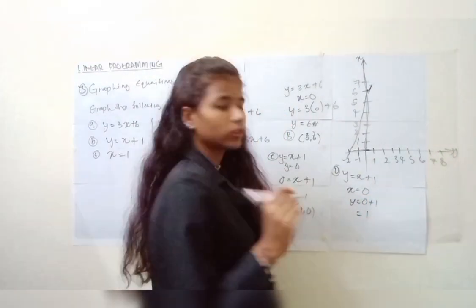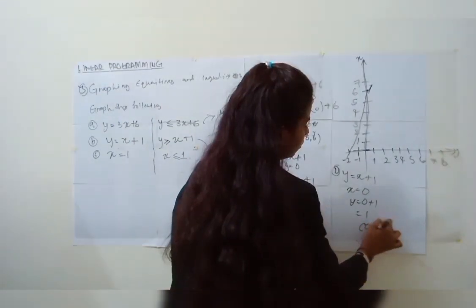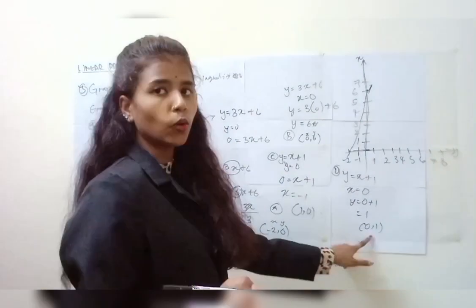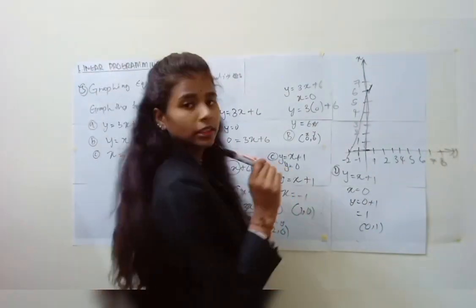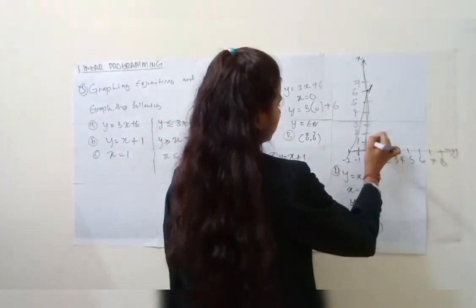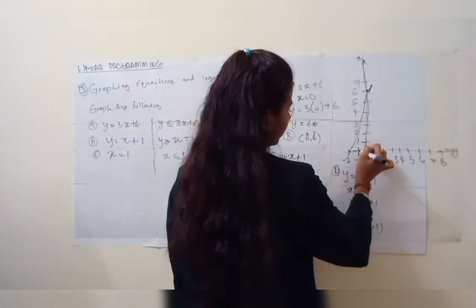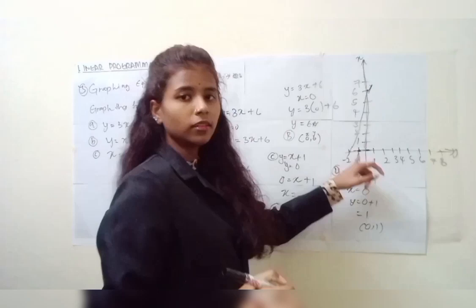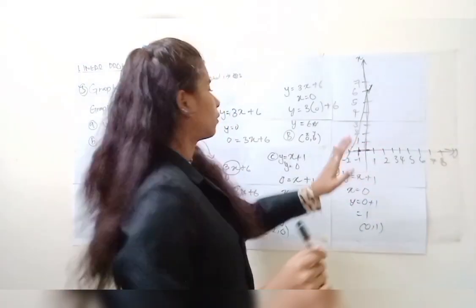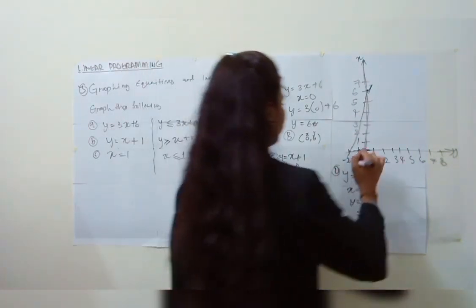So the answer for the D is 0, 1, which is x is 0, y is 1. So we start to plot the graph. Negative 1 here, and then we plot this one first.